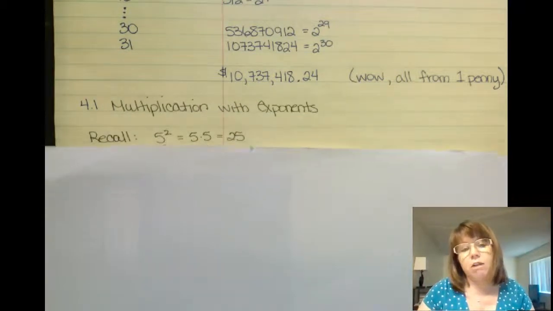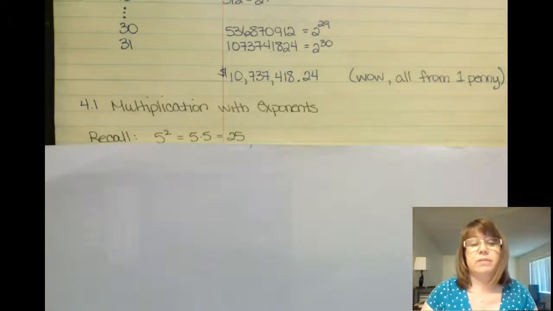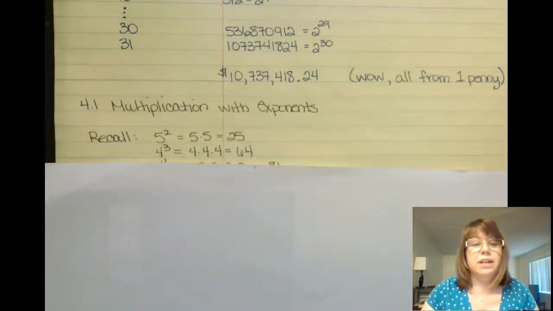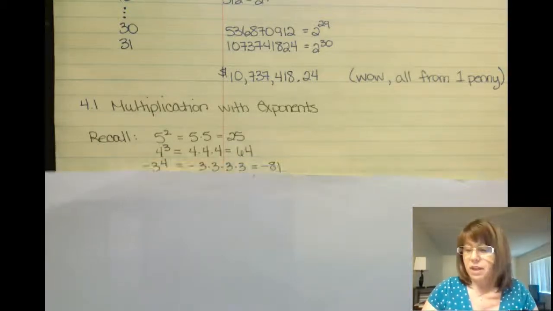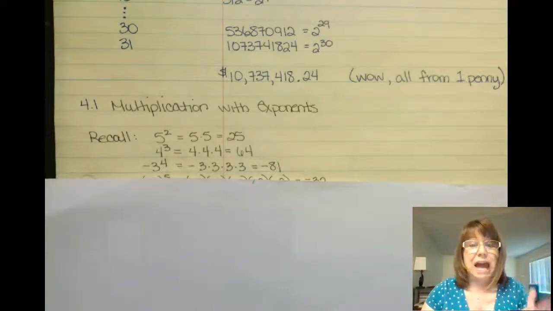So if you recall, 5 squared is the shorthand of saying 5 times 5, which is 25. And 4 cubed is 4 times 4 times 4, which is 64. And negative 3 to the 4th, the negative is not included, so it is negative times 3 times 3 times 3 times 3, which is negative 81.